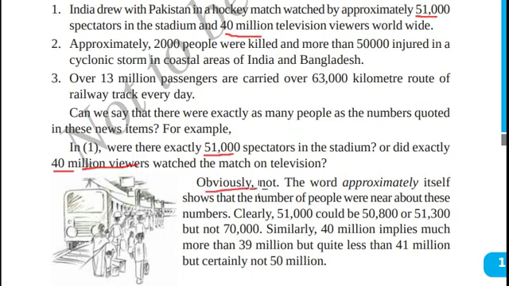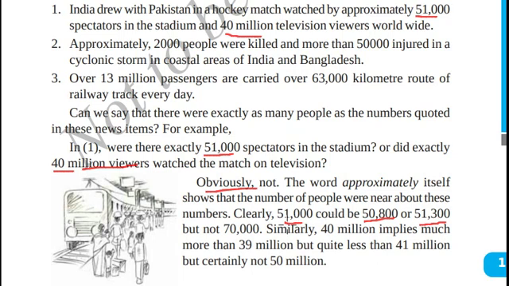Obviously not. The word approximately itself shows that the number of people was near about these numbers. 51,000 could be 50,800 or 51,300. We don't know for sure. So we take these two numbers and approximate them to the nearest number.